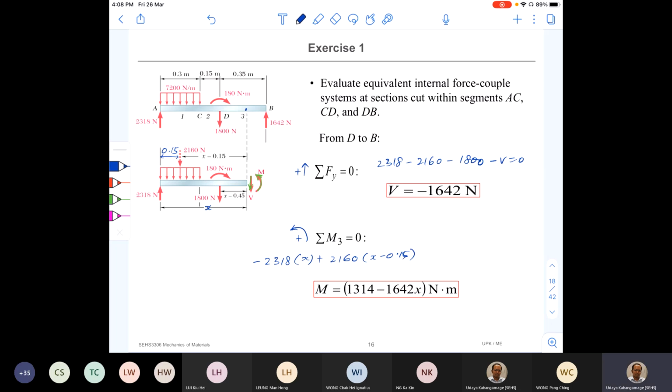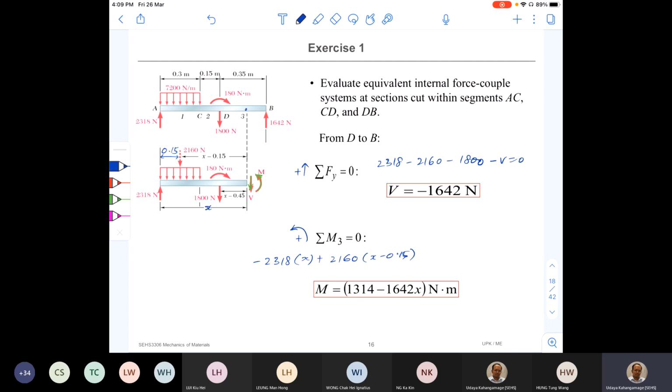Okay, and then we have the 180 Newton meter couple, the moment. Is it a negative moment or positive? Correct. The first one is negative, the second one is positive.